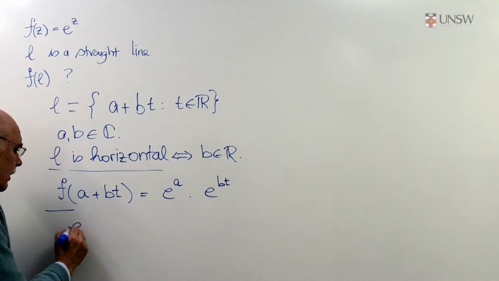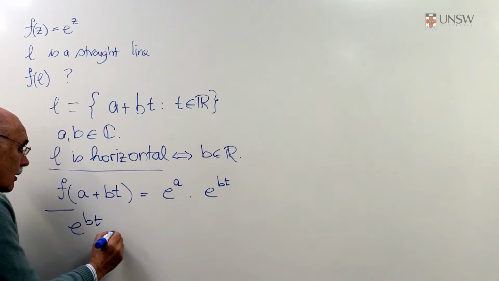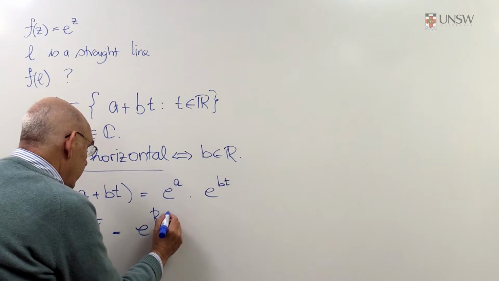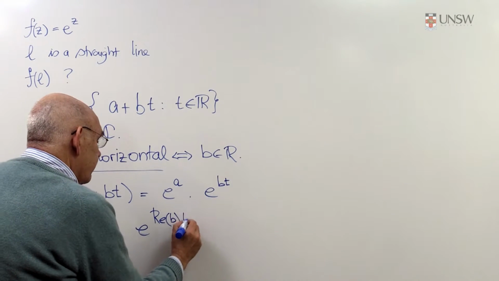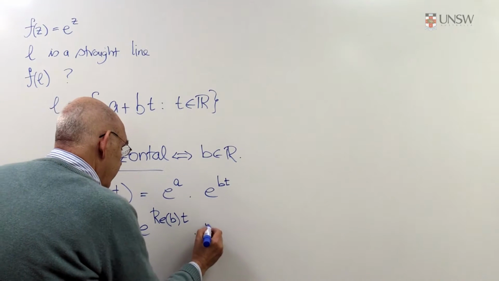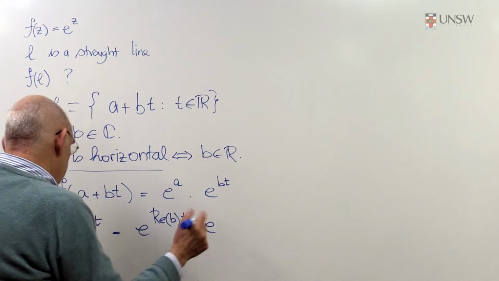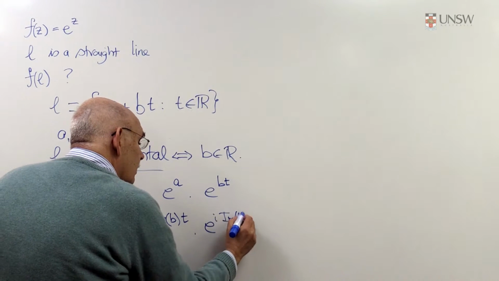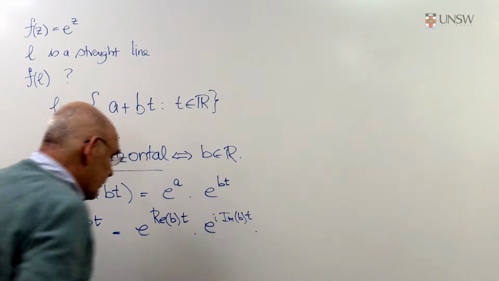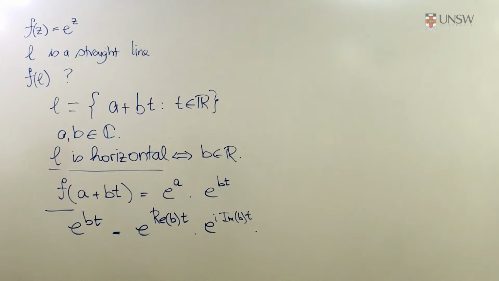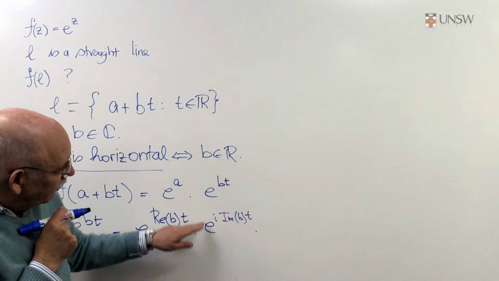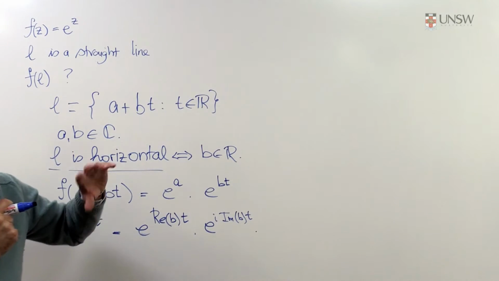So e to the bt could also be written as e to the real part of b times t, times e to the i times the imaginary part of b times t. Now, if the imaginary part of b is non-zero, then this is something that is going to give us some rotation.